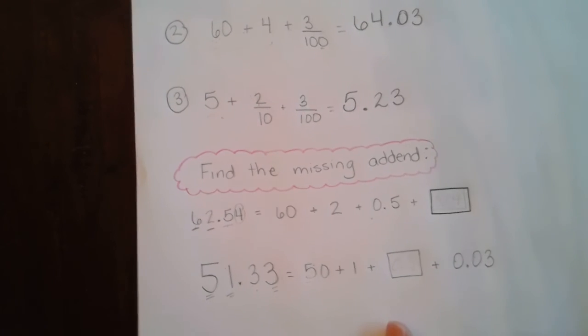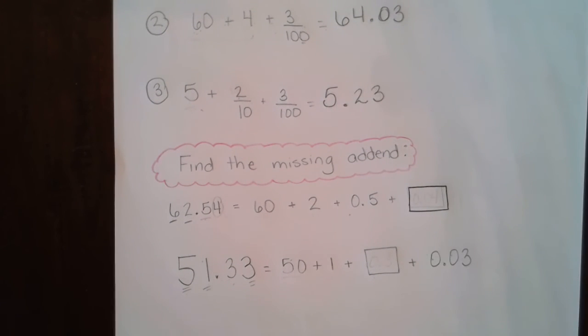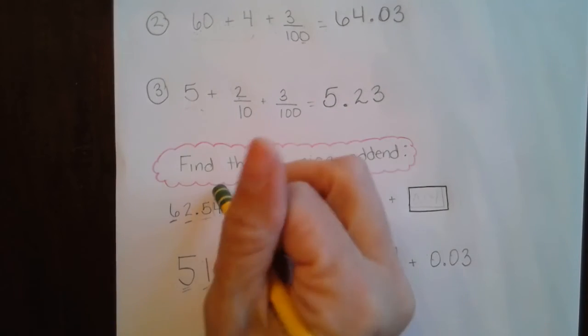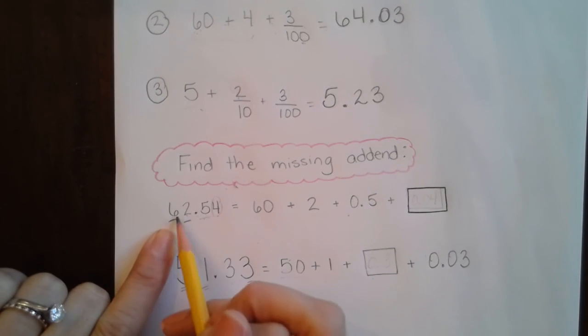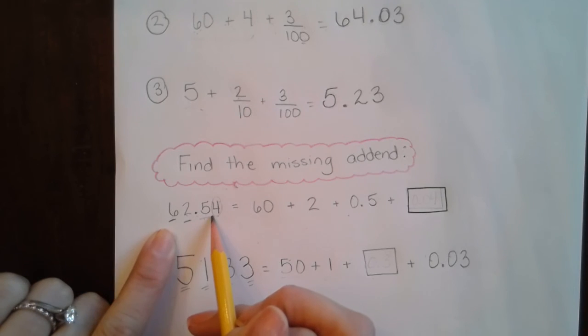Here the directions say find the missing addend, and an addend is just a number that we're adding in, okay? So if I look at this number here, 62.54, 62 and 54 hundredths.